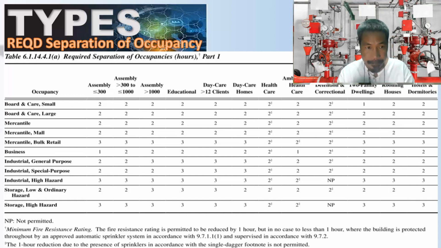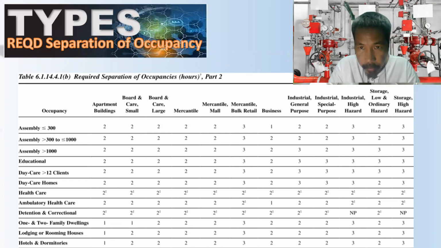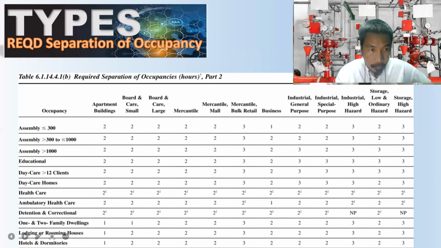Sorry about that. And we have part 2 here. That example that I'm talking about, healthcare and industrial. Here, industrial general purpose, industrial special purpose, industrial high hazard. So the laboratory is high hazard.